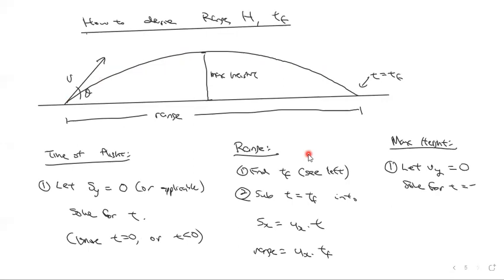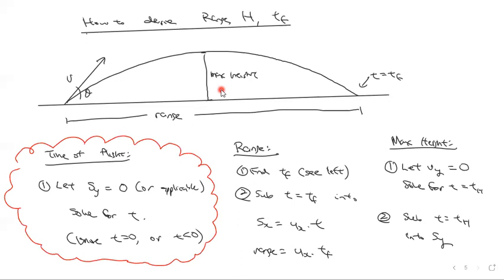And we'll call this time at the max height. Max height is a vertical displacement, so we sub t equals time of the max height into sy. And then you'll get a value for max height. The steps for each of these are imperative to know and should hopefully not give you any major problems.